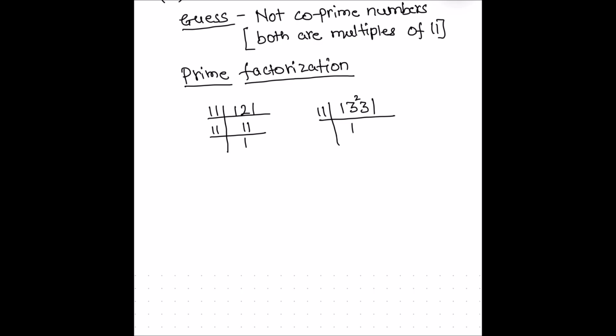2 is remainder. This becomes 23. 11 times 2 is 22. 1 is remainder. This becomes 11. 11 times 1 is 11. And then we have 11 times 11 is 121 and 11 times 1 is 11.